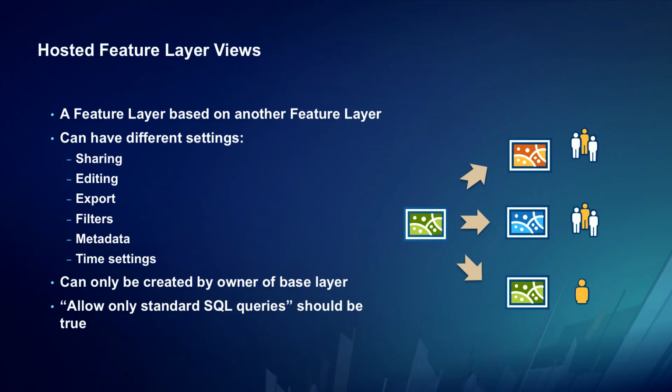So what you can do is have one base feature layer with your feature information inside, and then you could, for instance, create a view that's only shared to a certain group of field workers who are collecting data and putting data into it. Then another view that's shared out to, say, some curator group, which are allowed to actually edit and modify the data to clean it up.